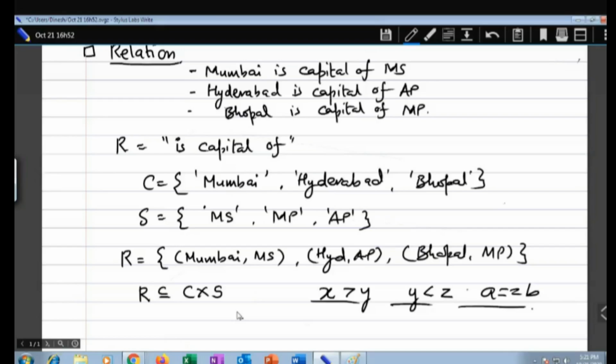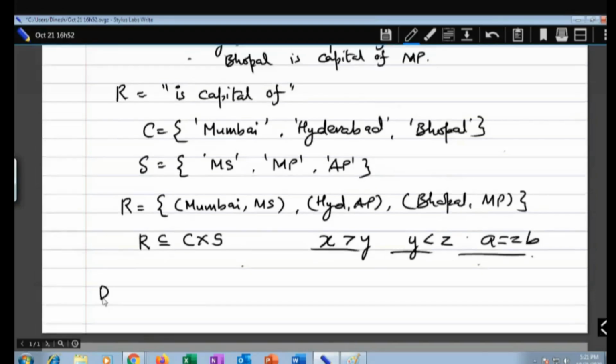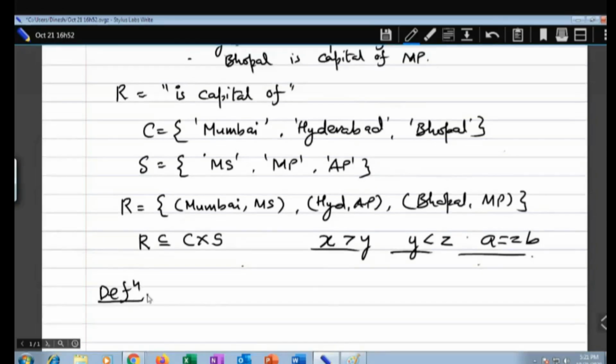So how do we write this? If you define a particular relation, then the definition says that, let S be a set.